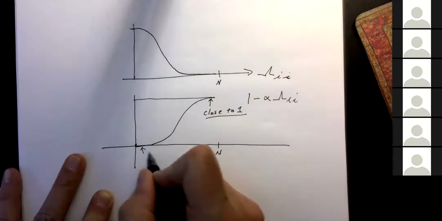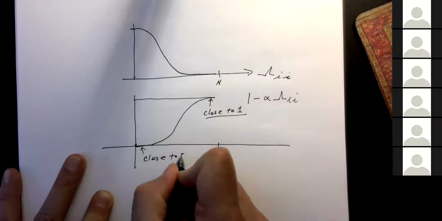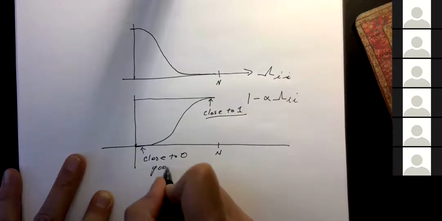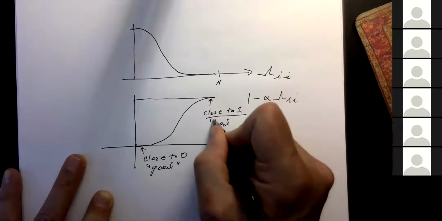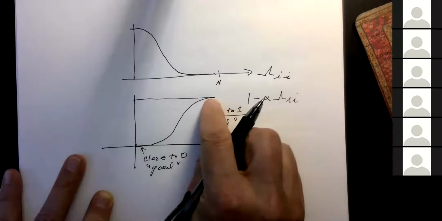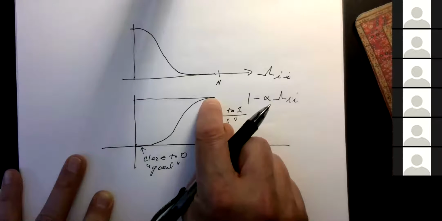That is good. That's close to 0. This is good. This is bad. Why is this bad? Because this number here is almost 1. So every time you multiply, when you take high powers of that, the convergence is going to be very slow.